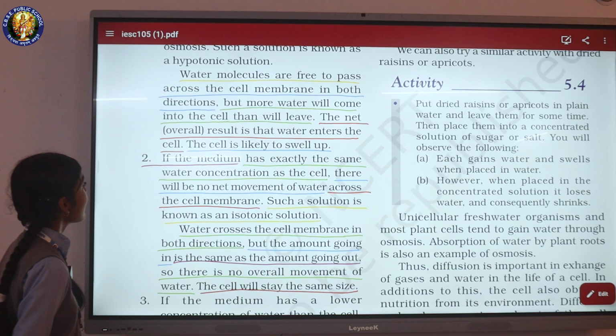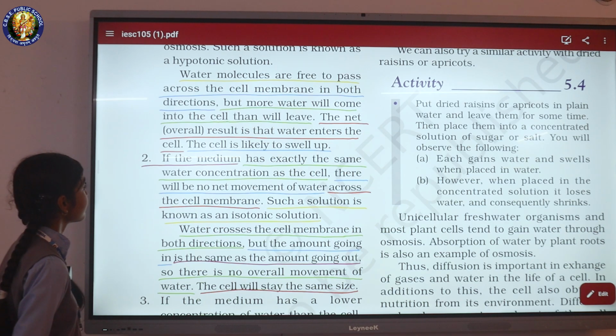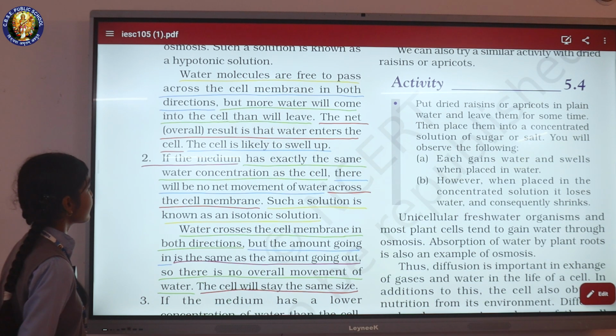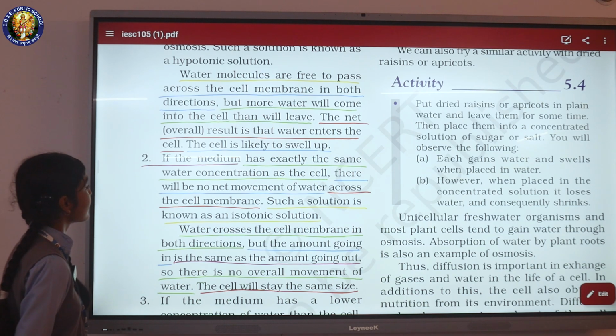Second, if the medium has exactly the same water concentration as the cell, there will be no net movement of water across the cell membrane. Such a solution is known as an isotonic solution.